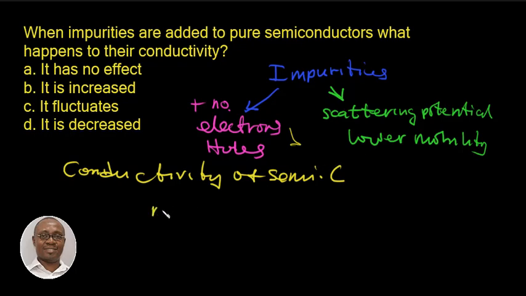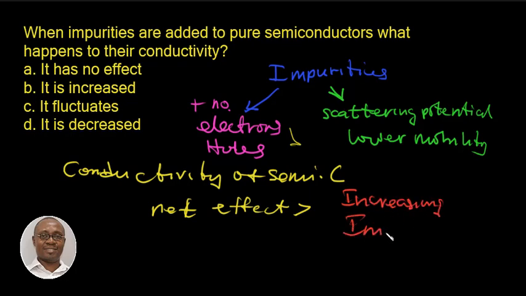The net effect depends on how many impurities there are and what kind of impurities they are. So in most cases, increasing the impurity concentration increases the conductivity.